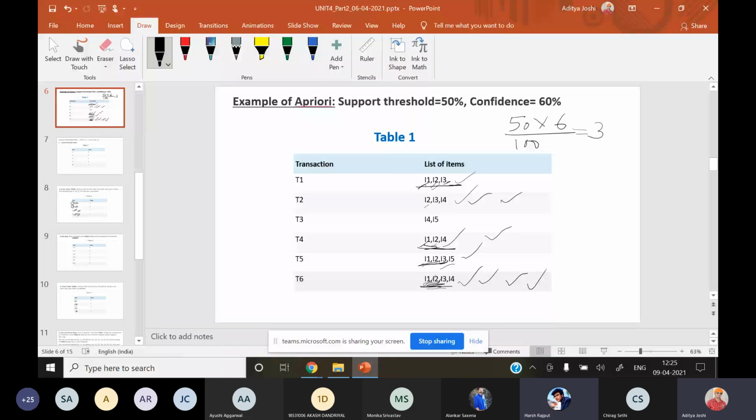I1, I2, I4 occurs two times. Okay. Then search for I1, I3, I4. One time. Only one time. Okay. Search for I2, I3, I4. I2, I3, I4 occurs two times. Okay. So create that table also. Yes, sir. This table.